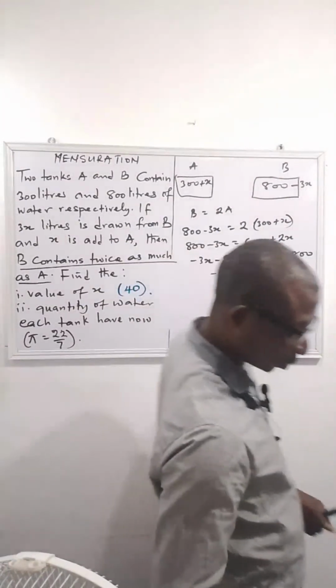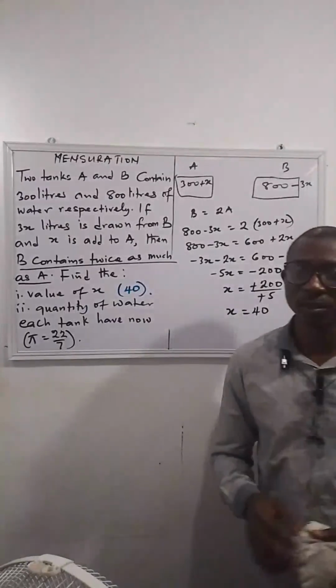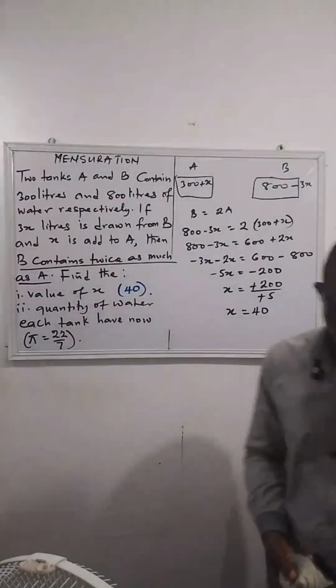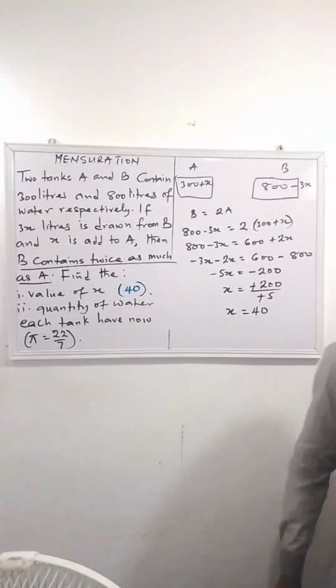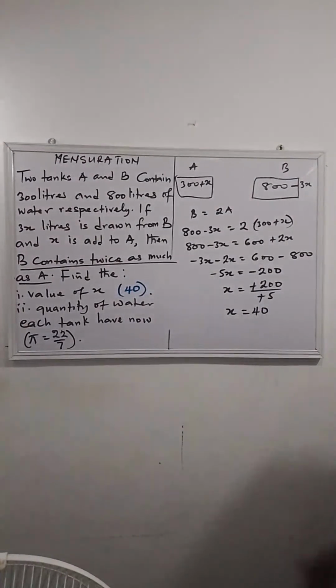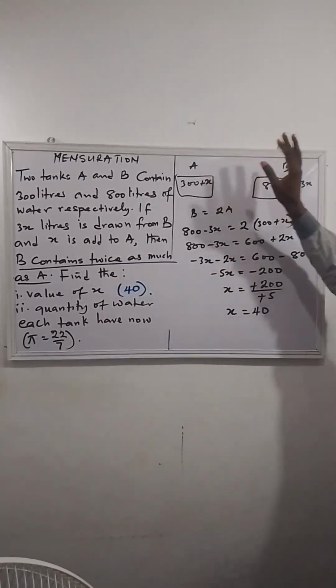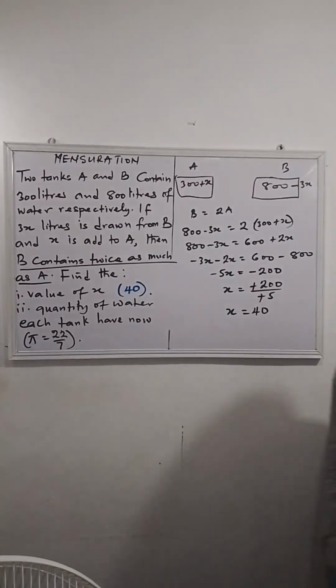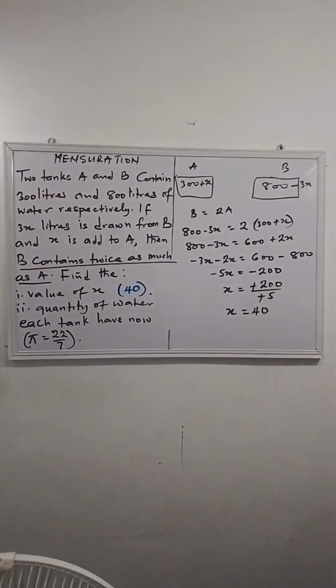I want you to try that and drop your answer in the comment section, based on the question we have here. I'm giving you like 10 seconds to do that.